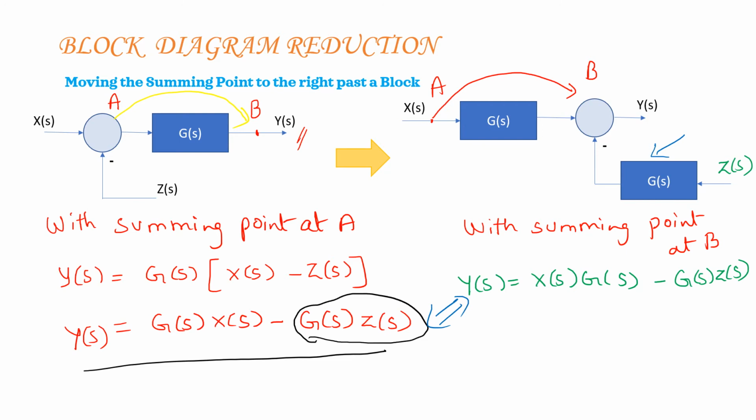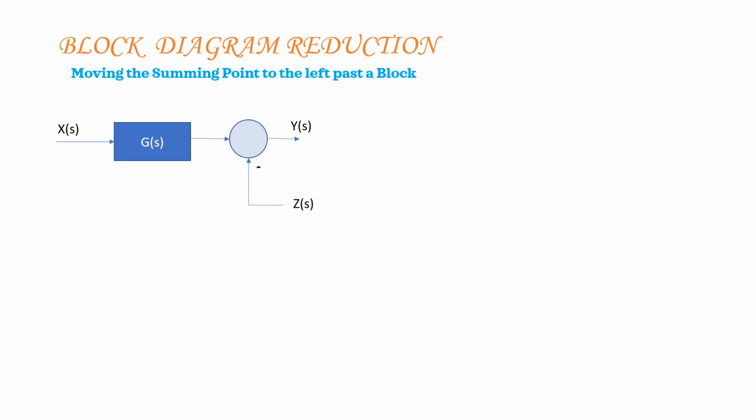Now let us see what happens if the summing point is shifted from B to A. So now our summing point is at point B, and I want to shift the summing point to A from B, so that our y of s remains unchanged.